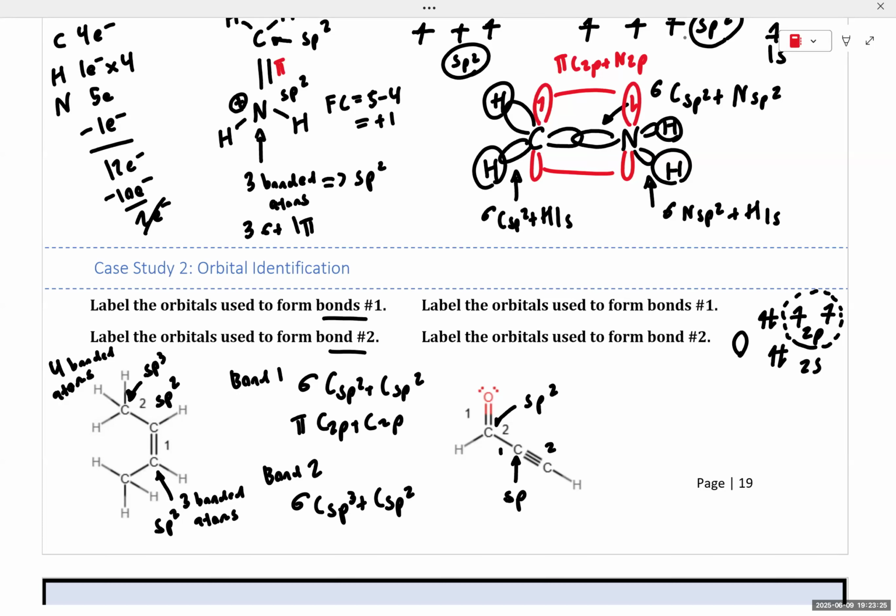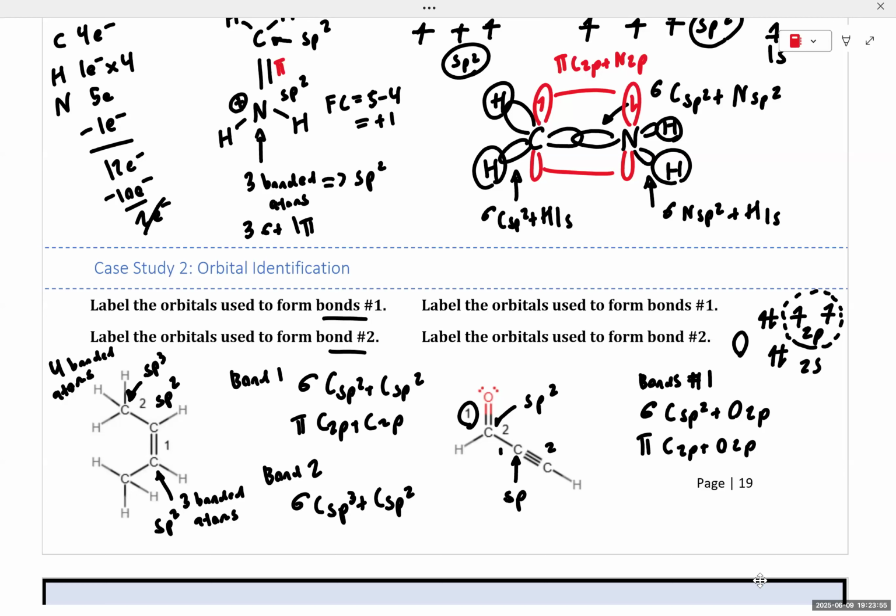So, looking at bond number 1 between oxygen and carbon, there are two components to this bond between carbon and oxygen. The sigma bond, which is the overlap of the carbon hybrid orbital and the oxygen 2p orbital, and the pi bond, which is the overlap between the carbon 2p and oxygen 2p orbital.